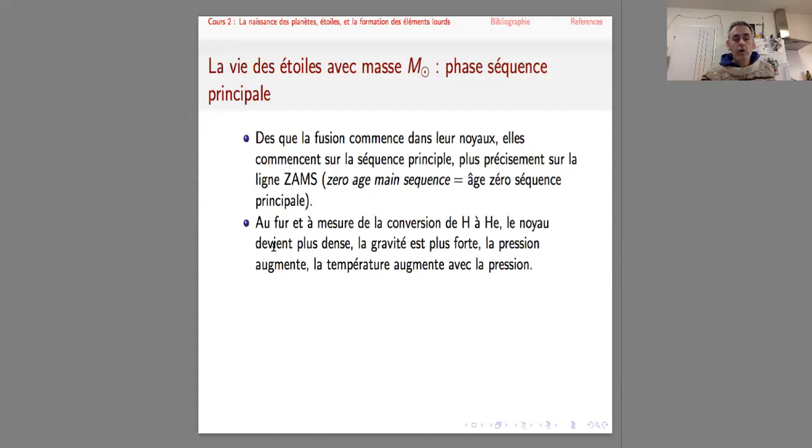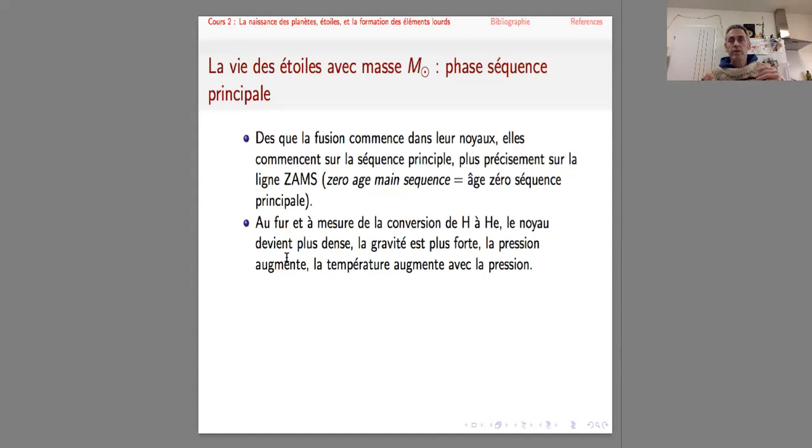But this will evolve during the life cycle of the star, for the following reason. As hydrogen is converted into helium in the central region of the star, it says here the nucleus of the star, but that's the term we use for the central region.